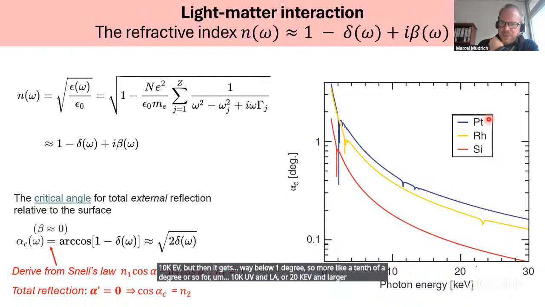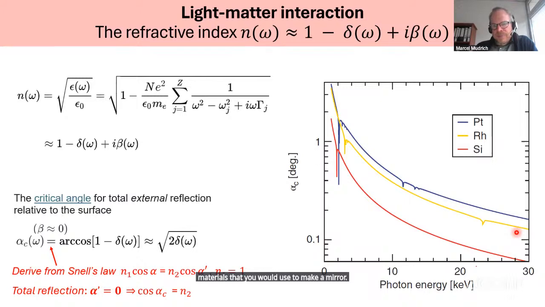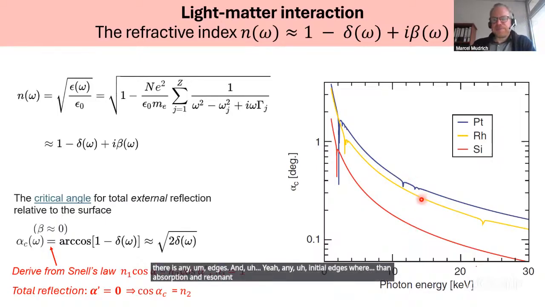This is platinum, rhodium, silicon, typical materials that you would use to make a mirror. And you also see these very sharp dips. This is, of course, whenever there are any inner shell edges where absorption and resonant excitations happen.